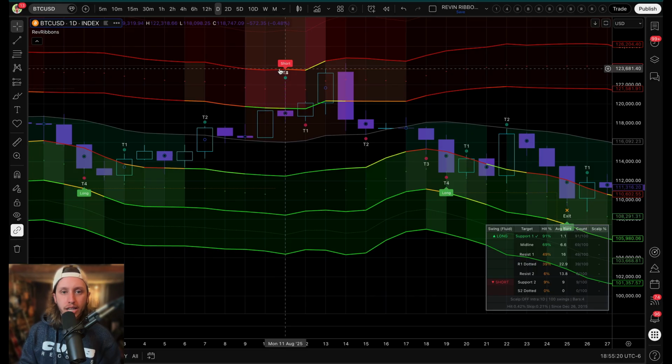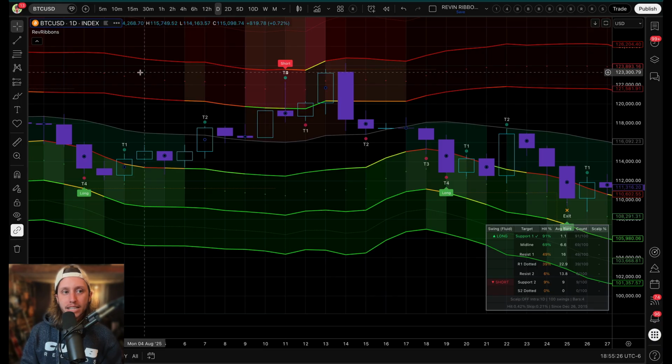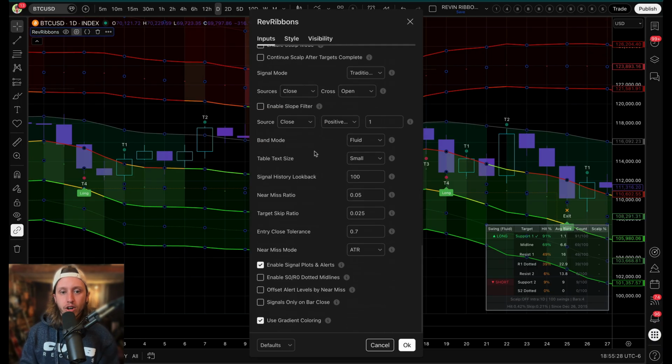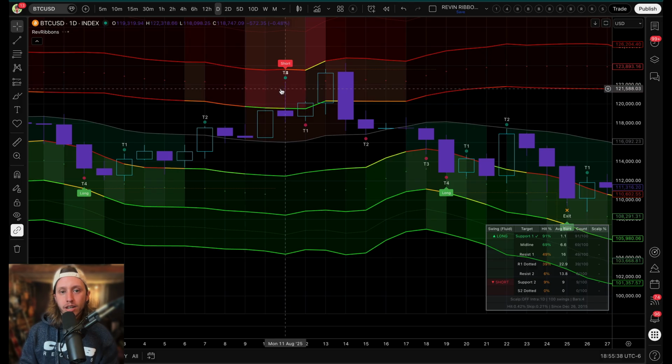This is where trading bands by hand is much better, more preferable for me. But I do have a safety net for users that are wanting to send signals, and that is to turn on signals only at bar close. This is very important, because otherwise it will give you a signal up here, and it will send you an alert signal, say enter.